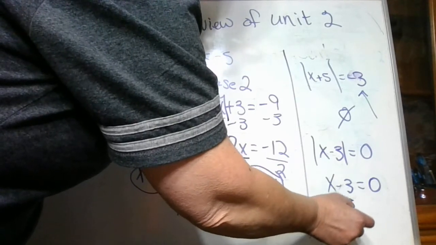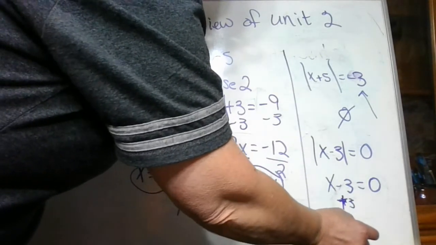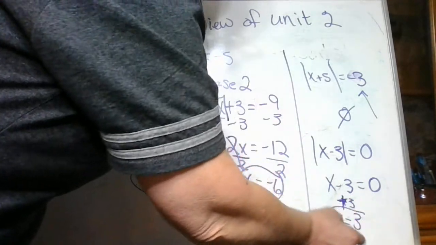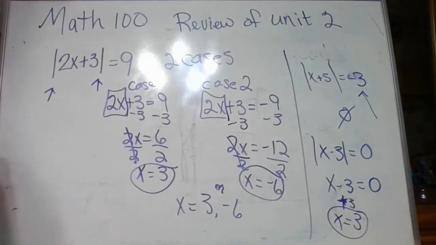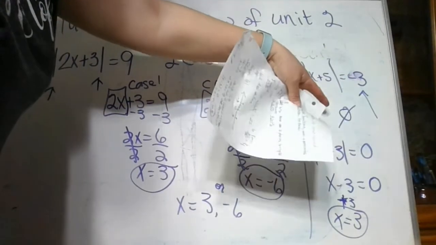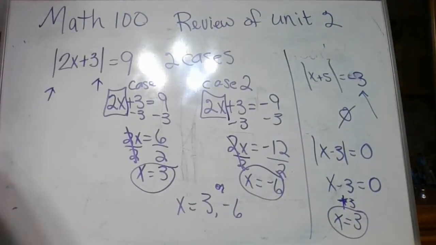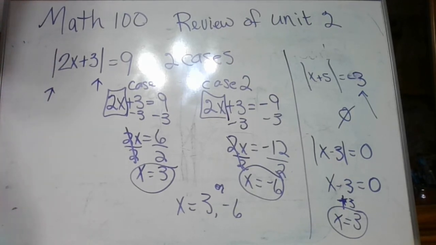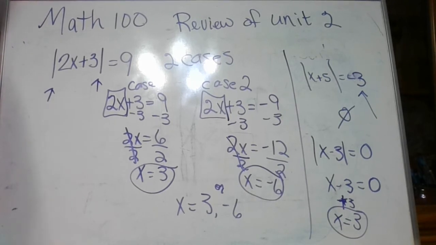That's supposed to be an add sign. So x is equal to 0 plus 3, which is 3. So on this one, if it's equal to 0, it'll just have one answer. If it's equal to a negative 3, it's no solution. And if it has two cases, you'll have two answers, like on this one was 3 and negative 6. Okay, let's move on now.